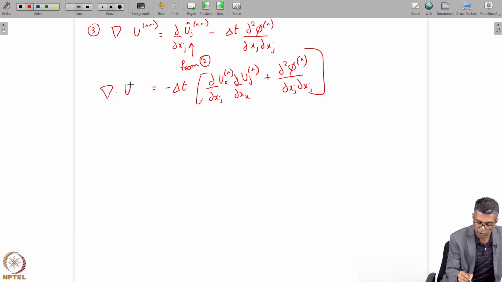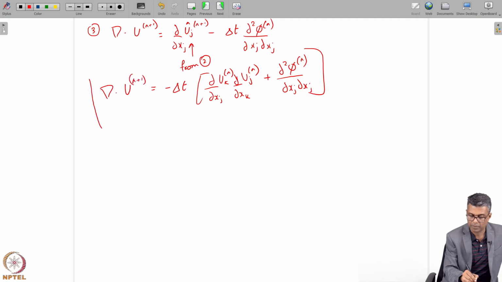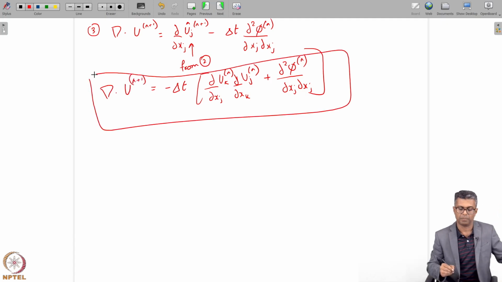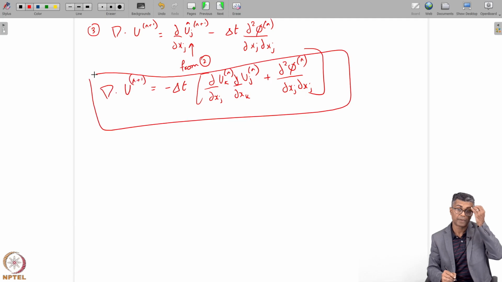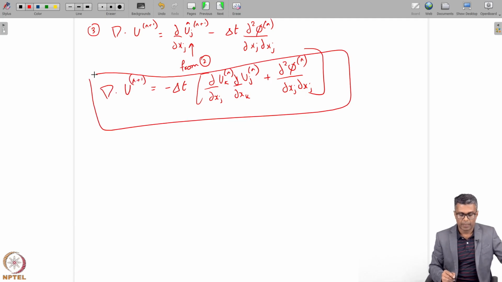This is my del dot u of n plus 1. This is my part 3. The first term here on the right hand side came from part 2. The second term, of course, comes directly by just taking a derivative of del xj. That is your answer to part 3.